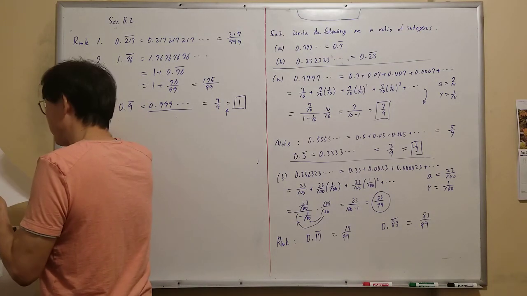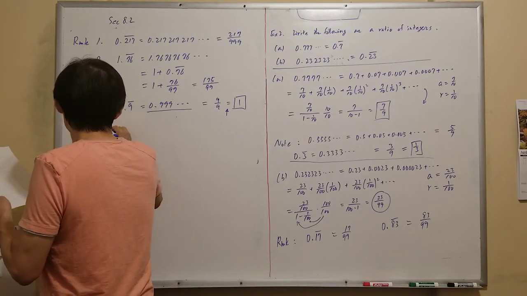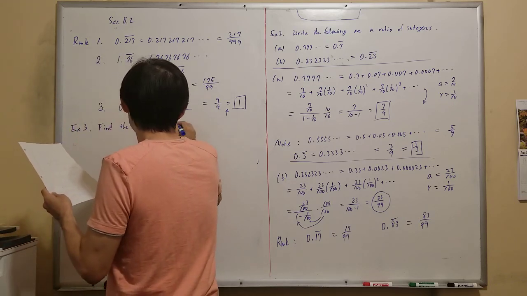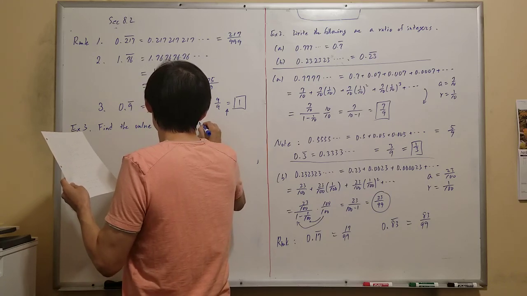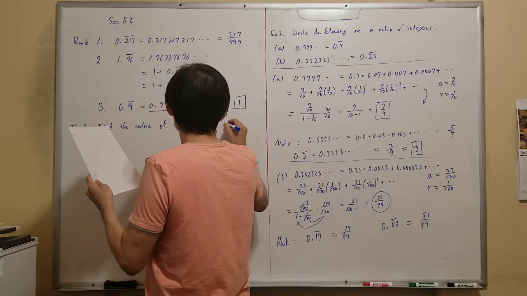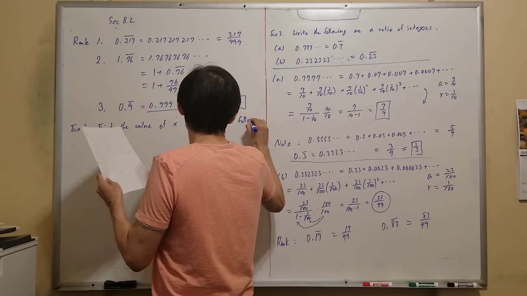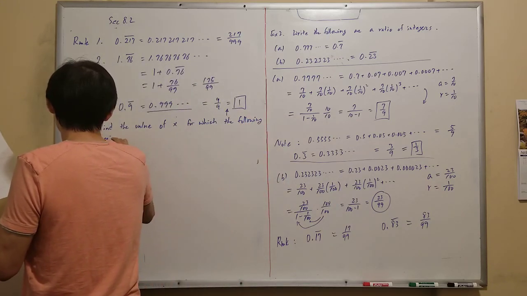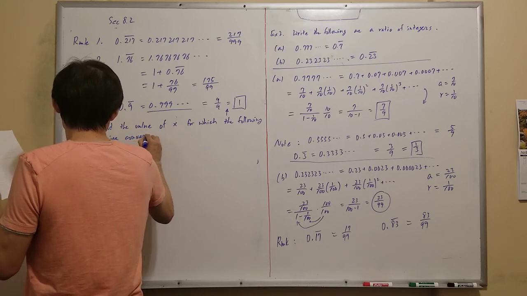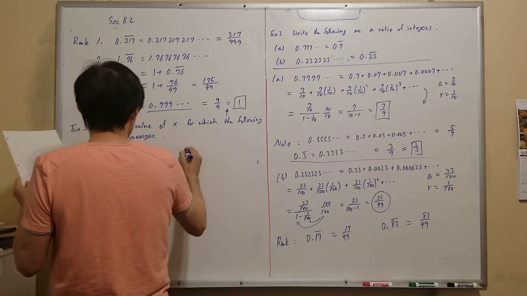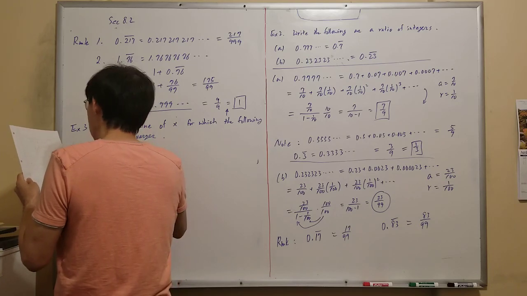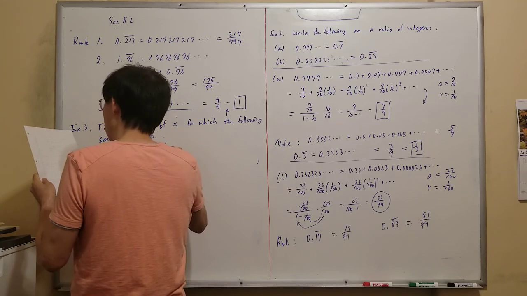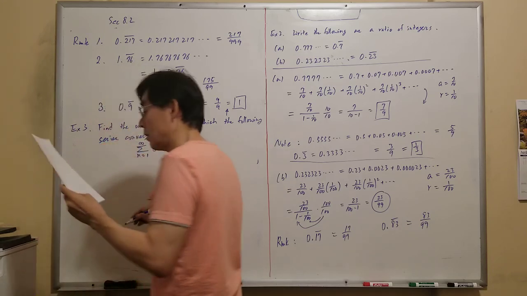Example 3. Find the value of x for which the following series converges. That is, the sum from n equals 1 to infinity of 2 minus x should be... Okay?